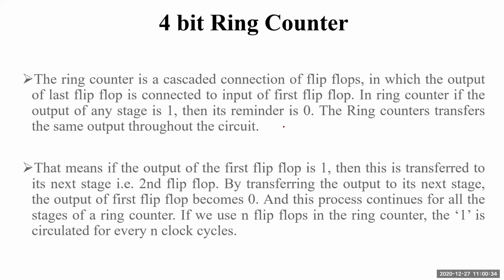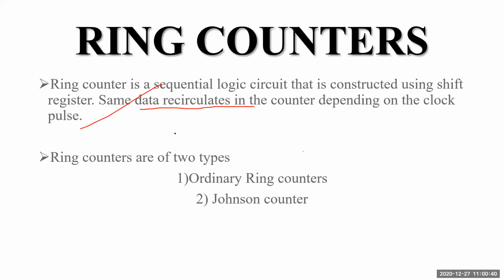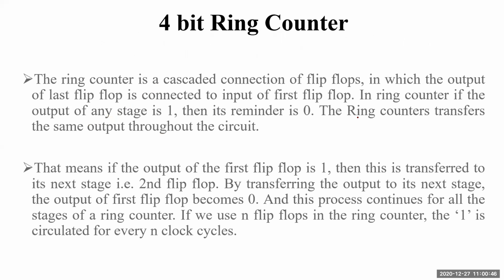This is how the recirculation takes place. Just now in the previous slide, I told that depending upon the clock pulses, the data will be recirculated in the counter. So now I'm talking about the designing part. How have these ring counters been designed? The ring counter is a cascading connection of flip-flops in which the output of the last flip-flop becomes an input to the first flip-flop.